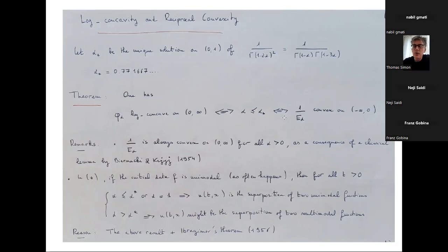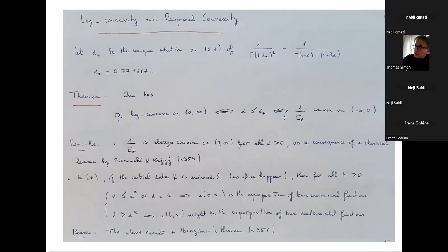I will explain later why log concavity is important for unimodality, but it's very easy to see that log concavity is the generalization of unimodality, because the logarithmic derivative should decrease, so the derivative itself should change its sign at most once.